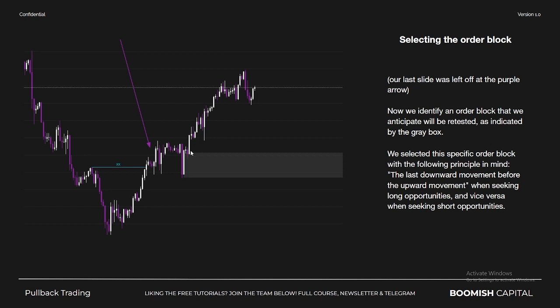My reason for probably still picking this as an order block is because we're in a strong trend, and this move is such a major volatility move that there's a lot of orders in this area in general, right? So whether it's here or here, there's going to be a lot of orders, just because it's such a volatile move where it's one candle and a recovery that resulted in a big move.